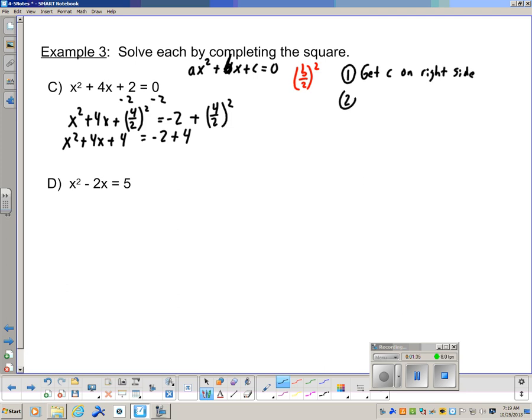Second step, add b divided by 2 squared to both sides. Third step, factor left and simplify right.